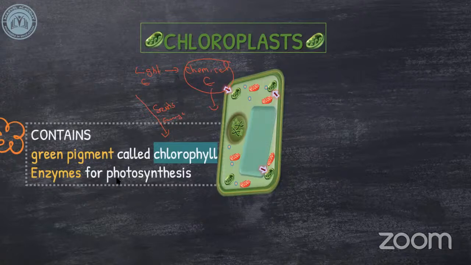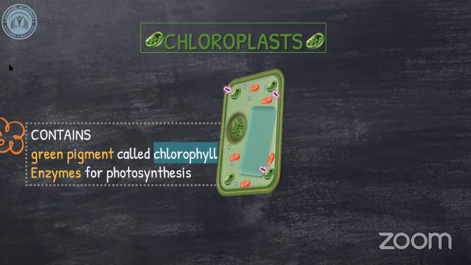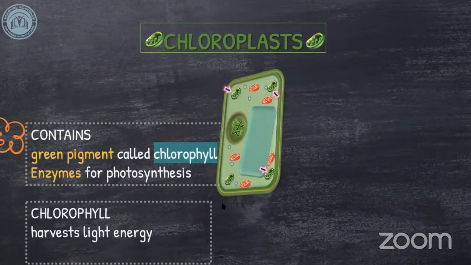We will learn that. So it is a green pigment, containing chlorophyll, and it also contains the enzymes needed for photosynthesis. I told you that enzymes are proteins, biological proteins. Then, children, the chlorophyll captures the sun's energy.